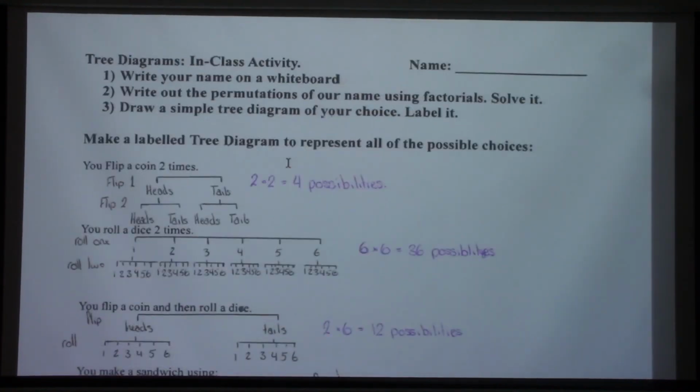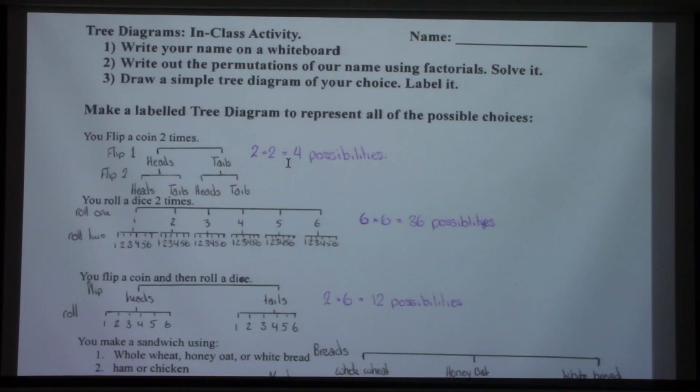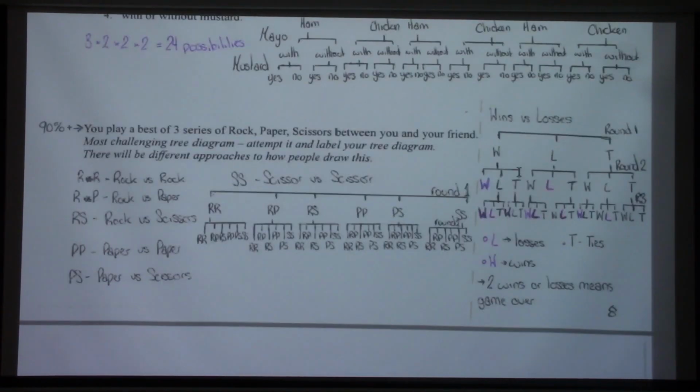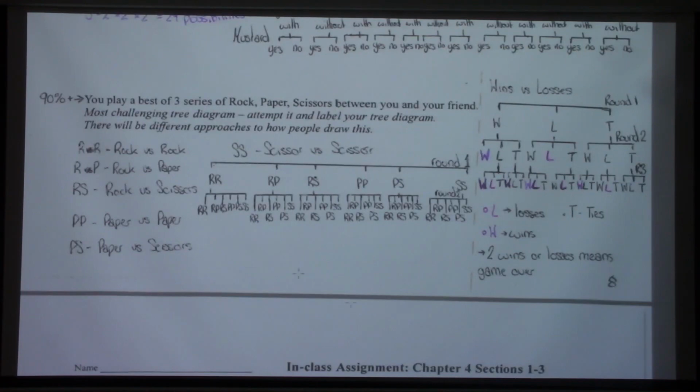The final pieces that we'll move through in the booklet are your tree diagrams. Your tree diagrams don't need to look this good, but they do need to have nice clean representation. A ruler does not need to get used for all parts, but clearly labeled and then showing the algebra piece to it too. The most challenging question that I wouldn't spend more than 5 minutes on, because there's so many options, is the rock, paper, scissors example.